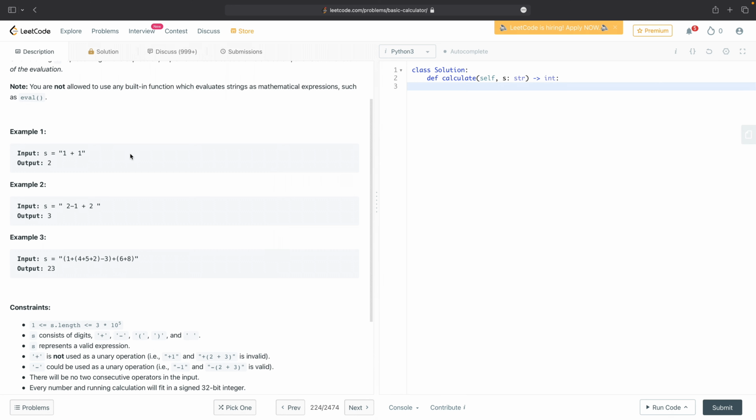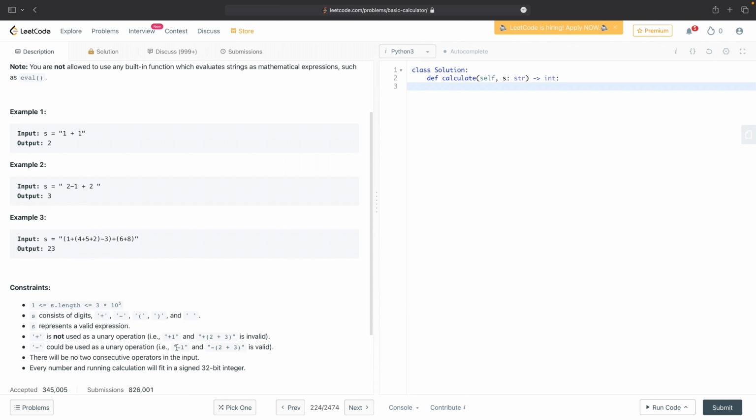So, the real quirk with this one is these negative numbers. So basically minus can be a minus or it can be a negative, so it's a little tricky. So when we go to evaluate it, we're going to need to basically check whether this is going to be considered unary or not.